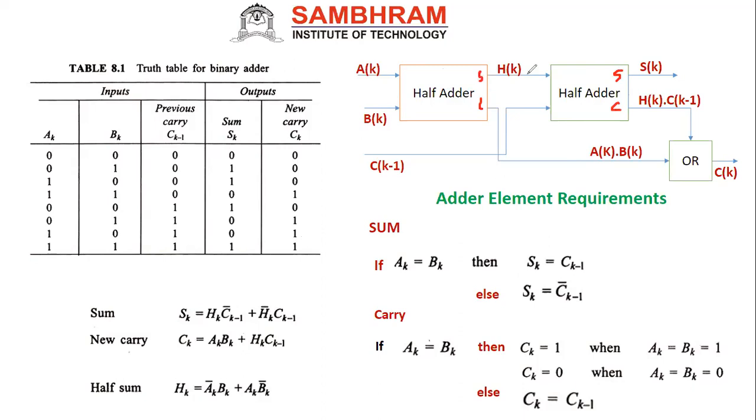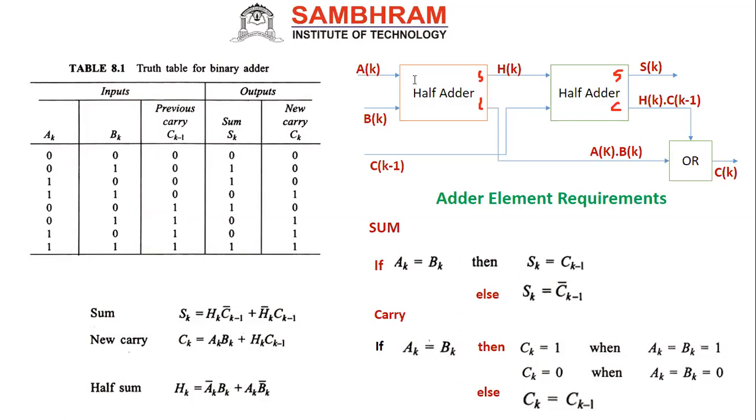Now for the first half adder, the sum I indicated with the variable Hk, that is H of k. Hk is the sum of the half adder, which is A XOR B. Correct? I think you know that.